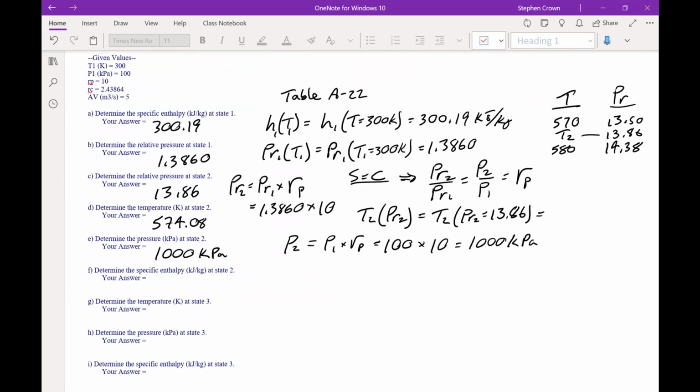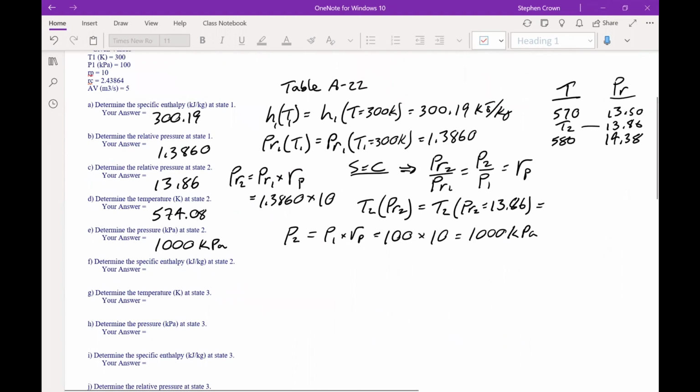Then again, now I have the temperature at state 2, so I can use that temperature to find the enthalpy. So now interpolating again, really I can use the same Pr value. So I have an h, which at 570 is 575.59, and at 580 is 586.04.